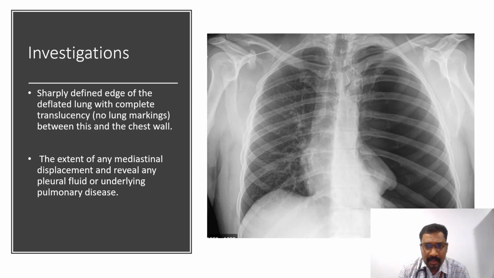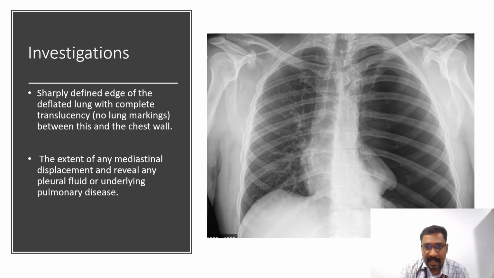So it is very important that the Indian medical graduate knows how to pick it up with a usual chest X-ray or radiograph. So you can see the expansion of the hemithorax on the left side, and you can see that the lung markings are not there. There is significant translucency seen on the left side.